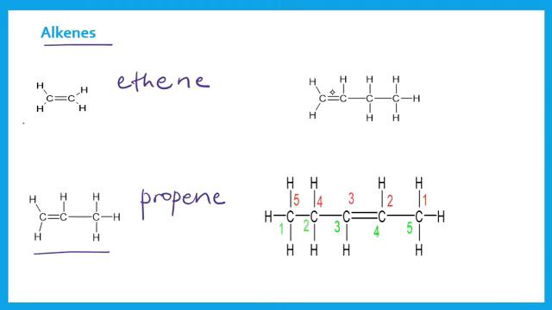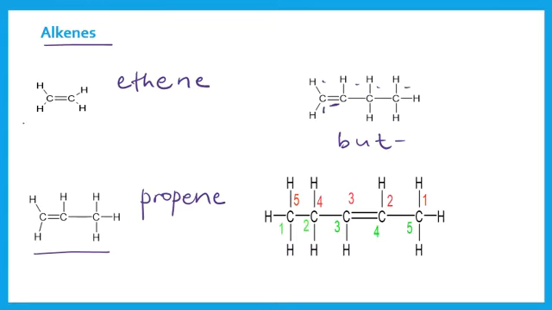So this one has 1, 2, 3, 4 carbon atoms. So the stem word is but. Okay, the suffix is going to be ene, but if you look carefully, you can see that this double bond could be in more than one position. In this case, the double bond is on the first carbon.